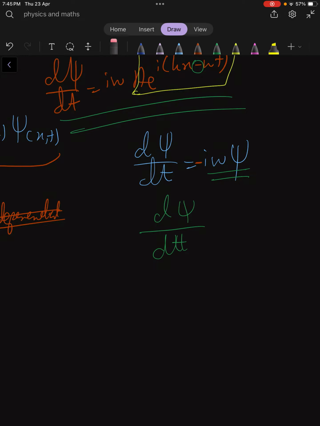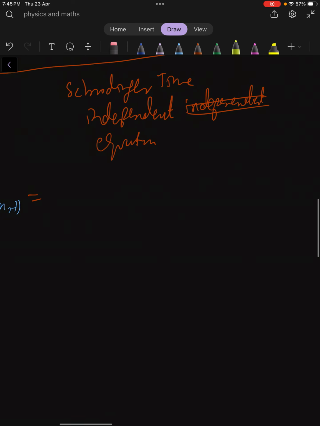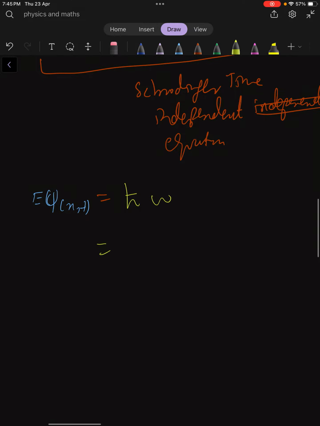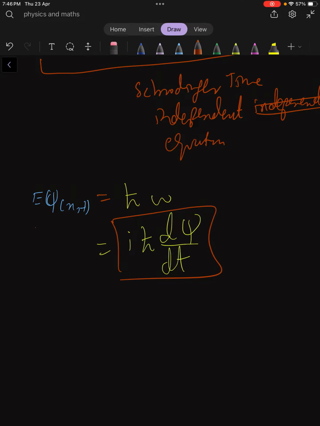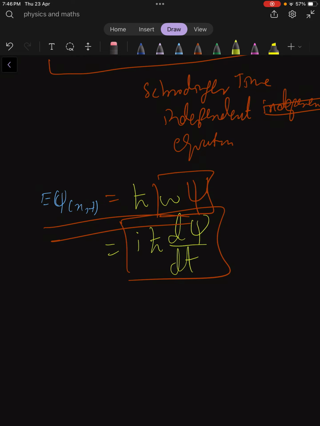This becomes negative i, which can be written as i d psi by dt. Finally, replacing it over here with h bar omega, we get i h bar d psi by dt. This is the final version of what we have over here, as this gets replaced by this.